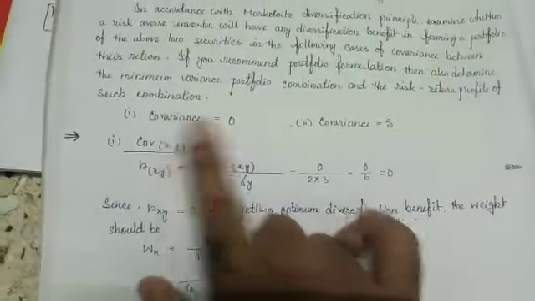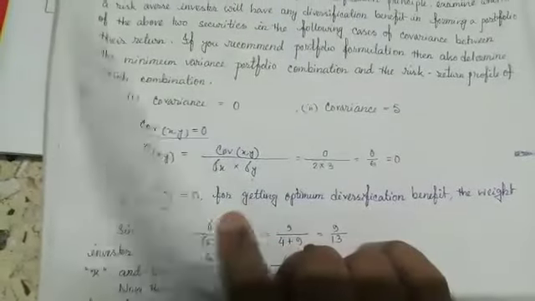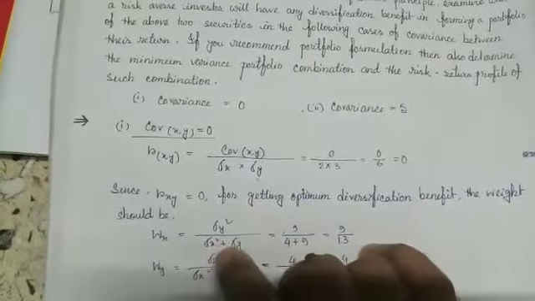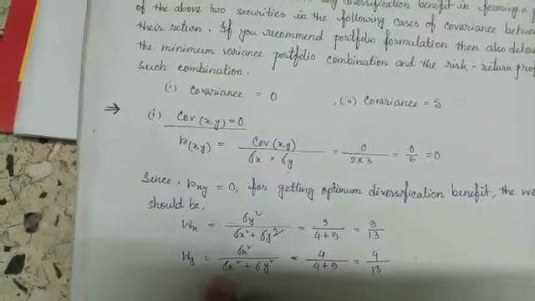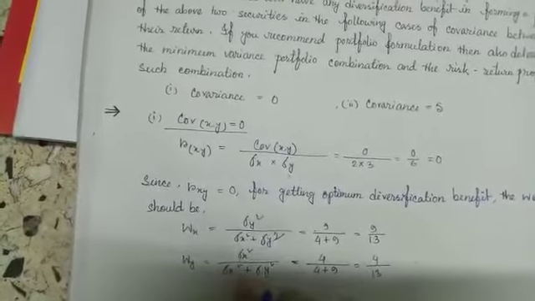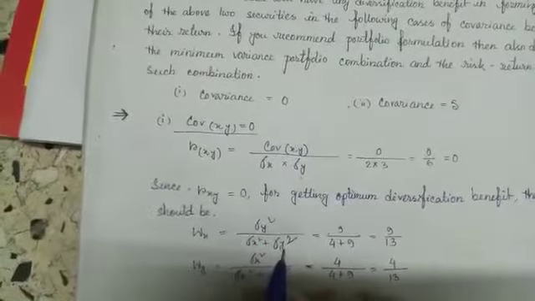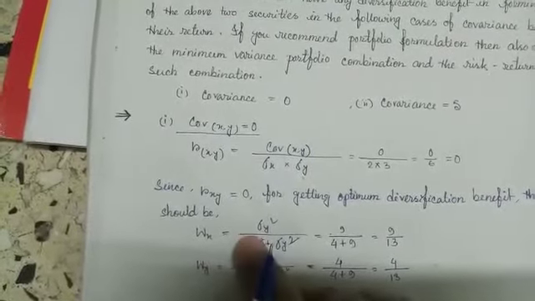When Rxy equal to 0, we have to use the formula Wx equal to sigma y square divided by sigma x square plus sigma y square, and Wy equal to sigma x square divided by sigma x square plus sigma y square. Where is this formula generated from?